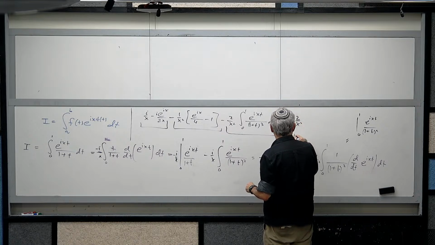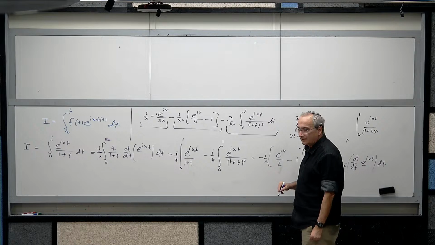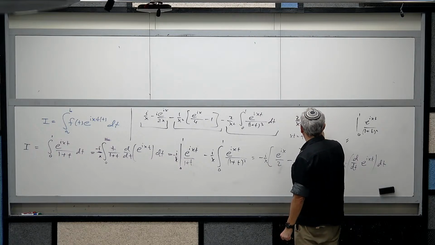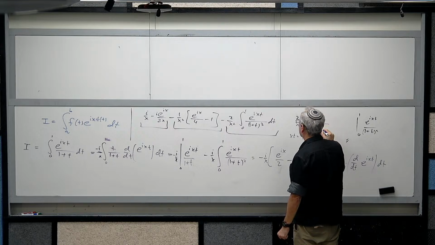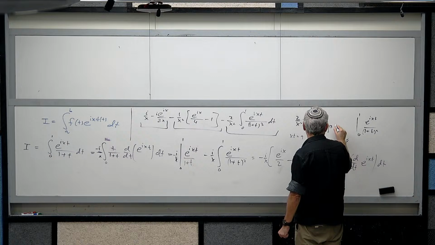Let's define xt to be q. Okay? So I have 2 over x squared, the integral from 0 to x of e to the iq divided by 1 plus q over x cubed, dq over x.